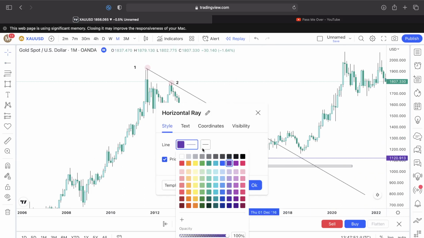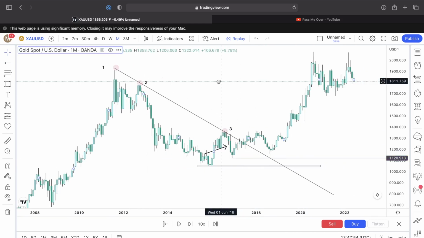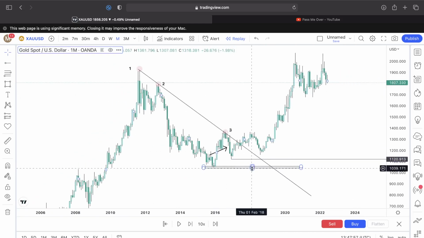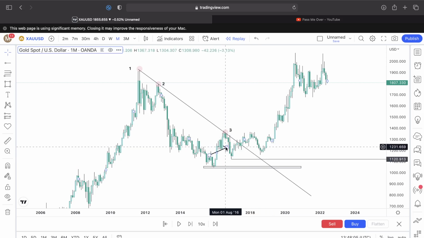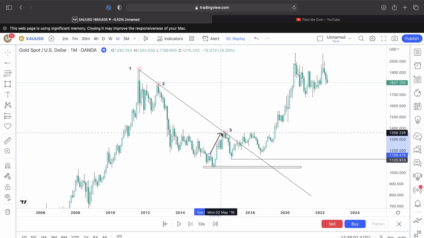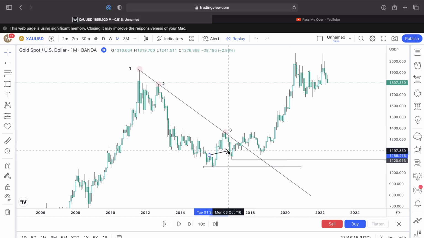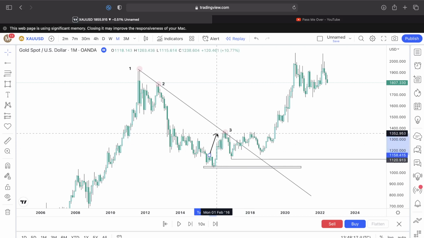Okay, so this is one. This is another form of support. That's a support area, a new support area, and this was the third touch, and it was a resistance area, and then went all the way down. Bam. Okay, for 1, 2, 3, 4, 5 good months, and went all the way down.